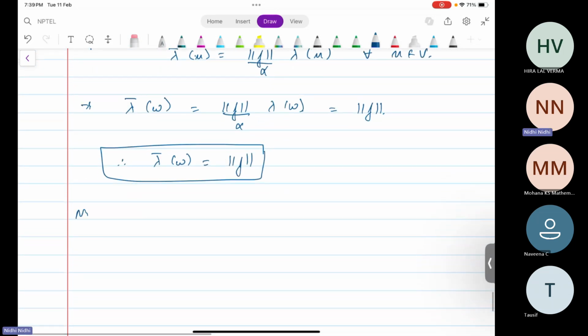Now since B(0,1) is a subset of U, because 0 belongs to W tilde, 0 plus u belongs to U for every u in B(0,1).